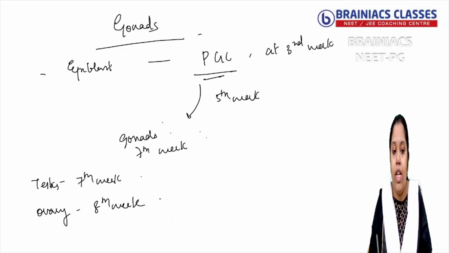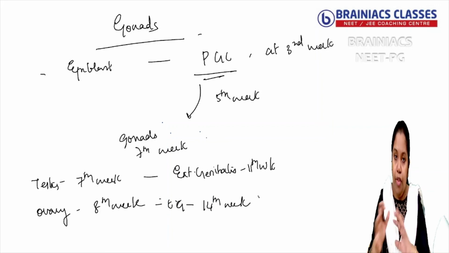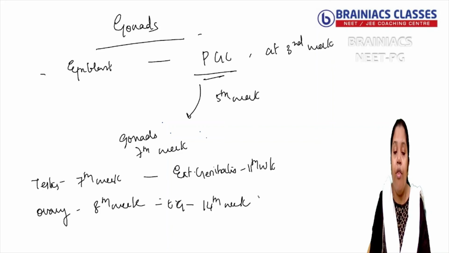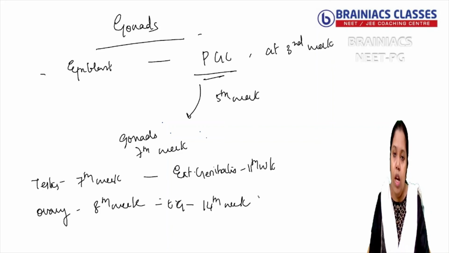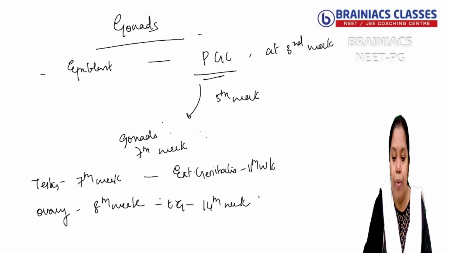The external genitalia in case of males develop by 11th week, and in case of females, the external genitalia will develop by 14th week, right? So we can differentiate the male and female sex by 15th week. Understand? Right? So this is the gonadal development, and I will explain what is happening at each stage.